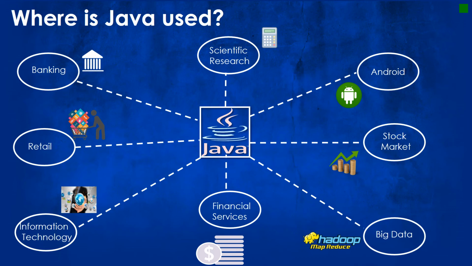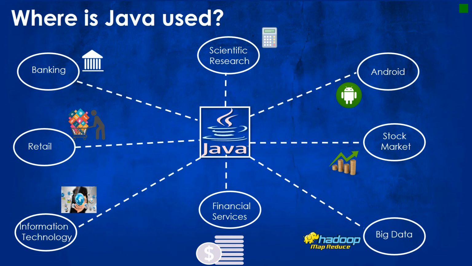banking. In banking, we all perform different types of transactions online, and these transaction processing and transaction management involve Java as a security feature. Next is the retail. Whenever we go to the supermarkets, malls, shopping, wherever the billing is happening, the billing applications are also developed using Java as a core part.